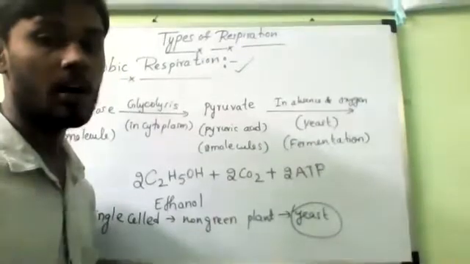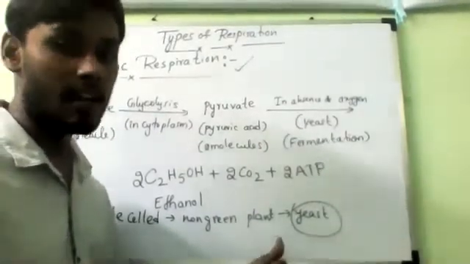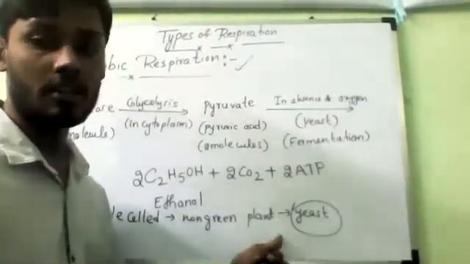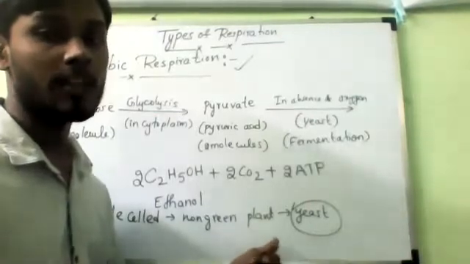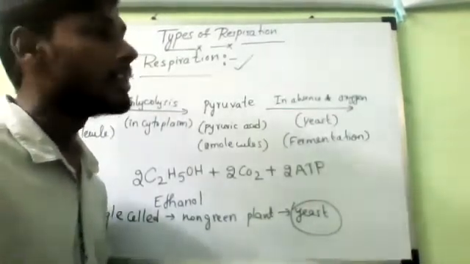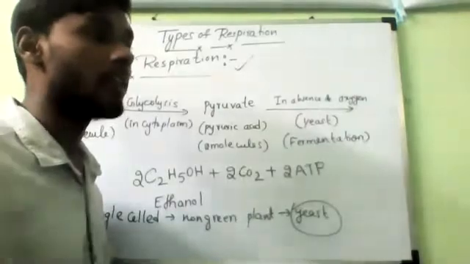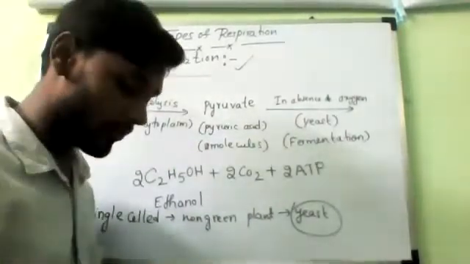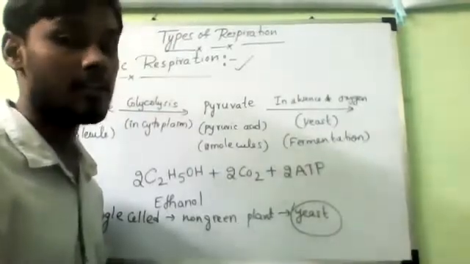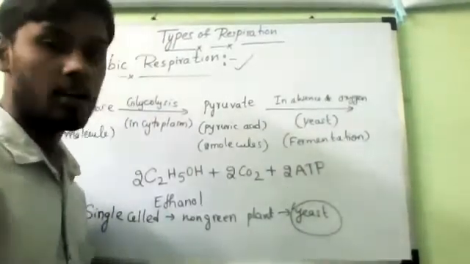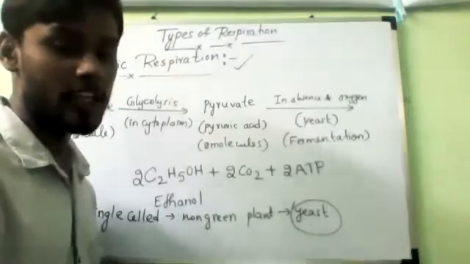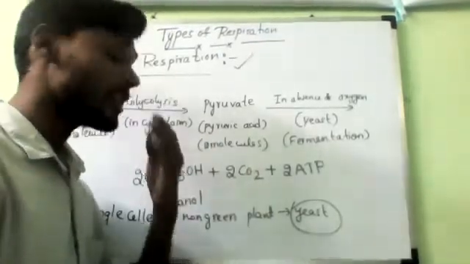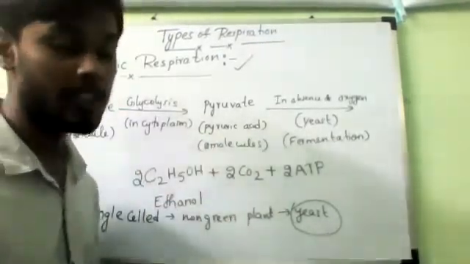But remember, energy can be produced in cells even without oxygen. That is why anaerobic respiration does not require any oxygen, and these organisms survive without any oxygen or air. In aerobic respiration, the energy release takes place in the mitochondria.